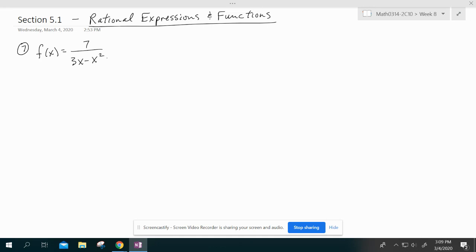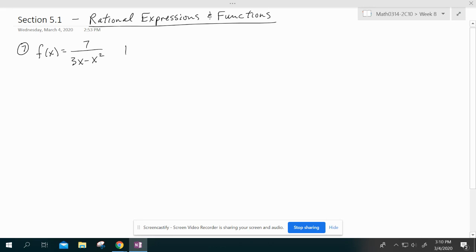All right, so can everybody tell that that is a rational function? And what makes it a rational function? Fractions with variables in the bottom. Thank you, Mackenzie. Fractions with variables in the bottom.